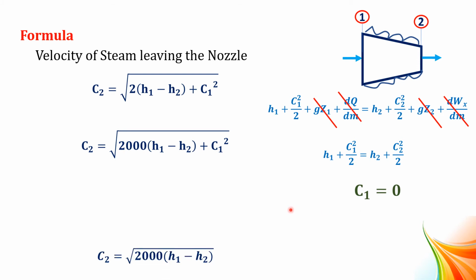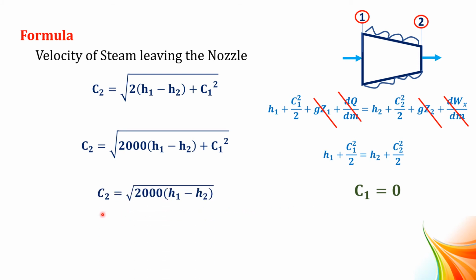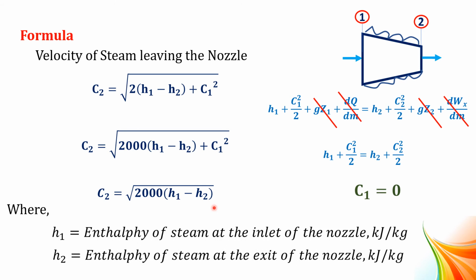Therefore, this equation can be reduced to C2 equal to square root of 2000 into (H1 minus H2), where H1 is the enthalpy of steam at the inlet of the nozzle in kilojoule per kilogram and H2 is the enthalpy of steam at the exit of the nozzle in kilojoule per kilogram.